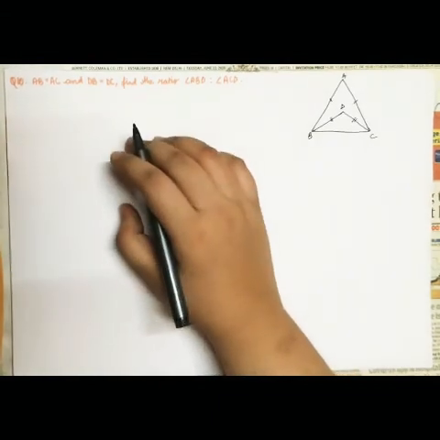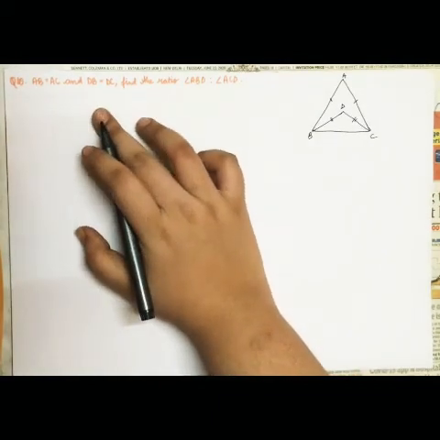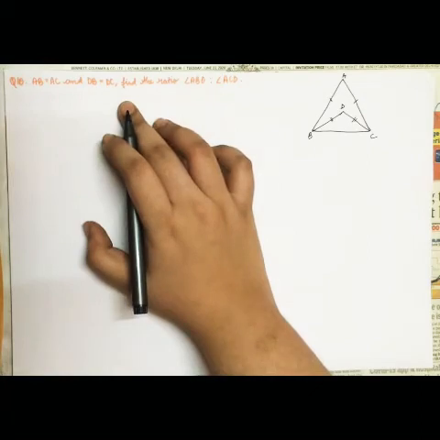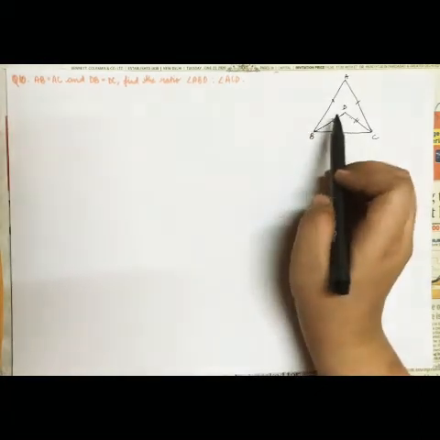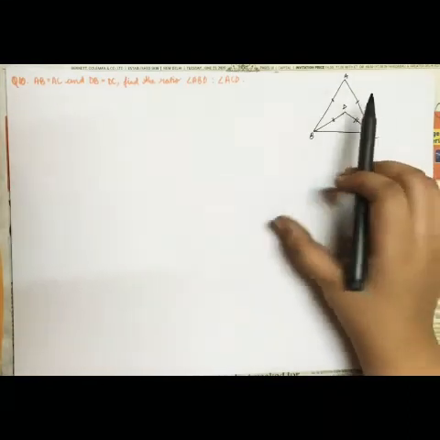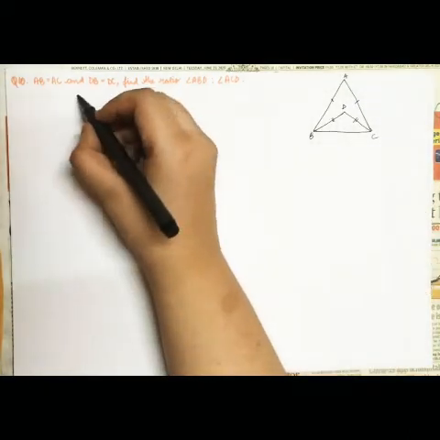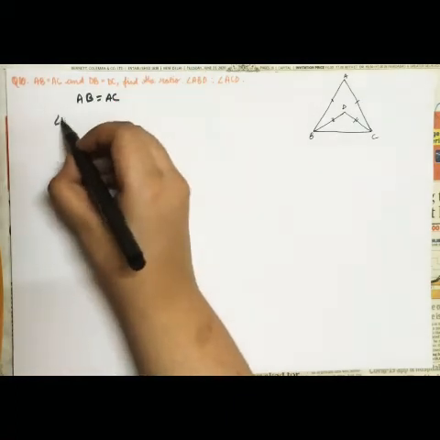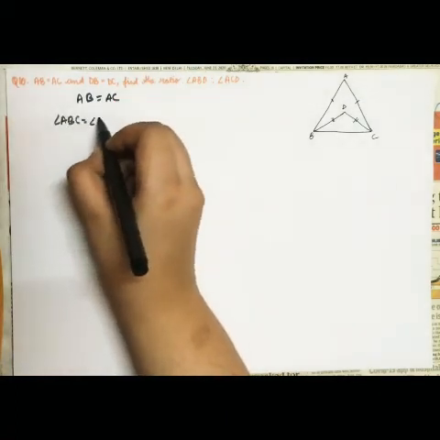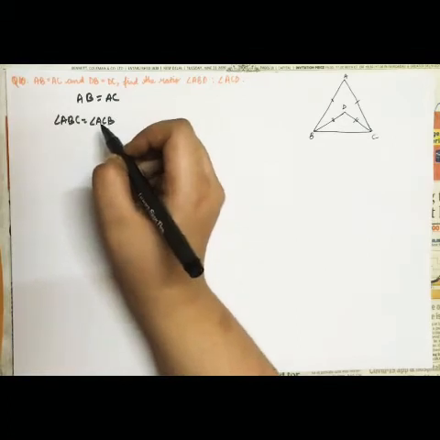Now question number 10. In this, AB is equal to AC and DB is equal to DC. We have to find the ratio of angle ABD and angle ACD. So in this, we are given that AB is equal to AC, which means angle ABC is equal to angle ACB. Why?